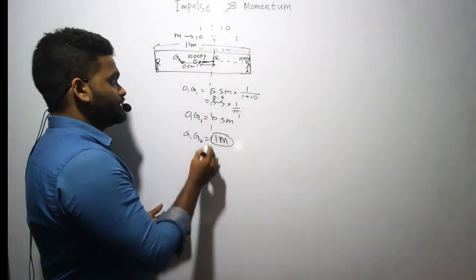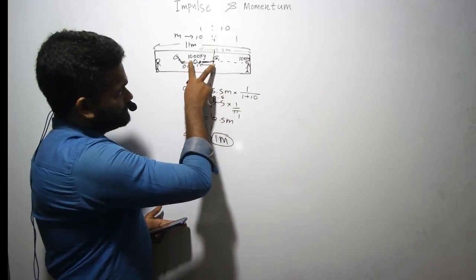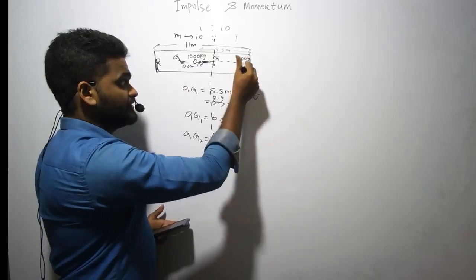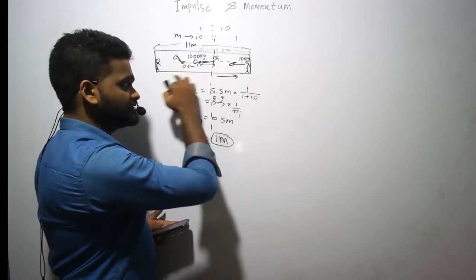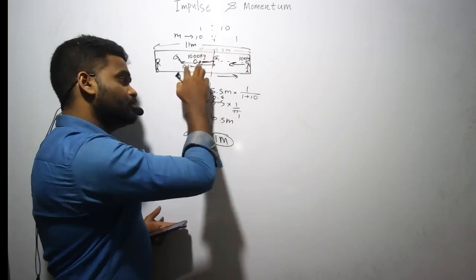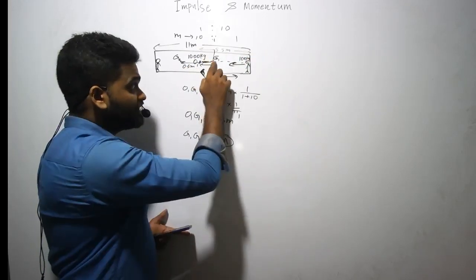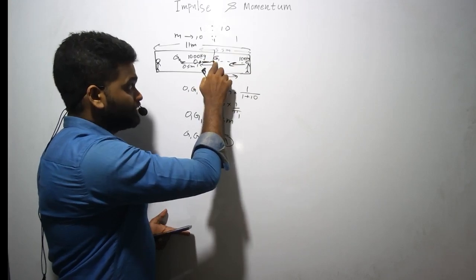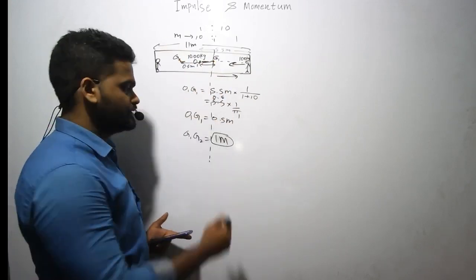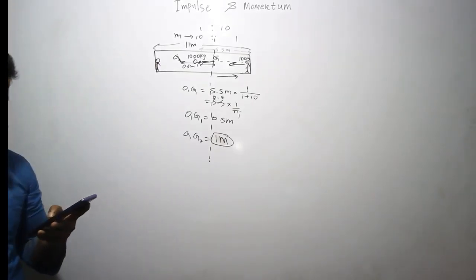So relative to Earth, the train carriage has to move 1 meter to the opposite side, because it is on smooth tracks. The carriage moves in the opposite direction by 1 meter to prevent this center of gravity from moving relative to the Earth. So it is 1 meter. That is the answer. Fourth one.